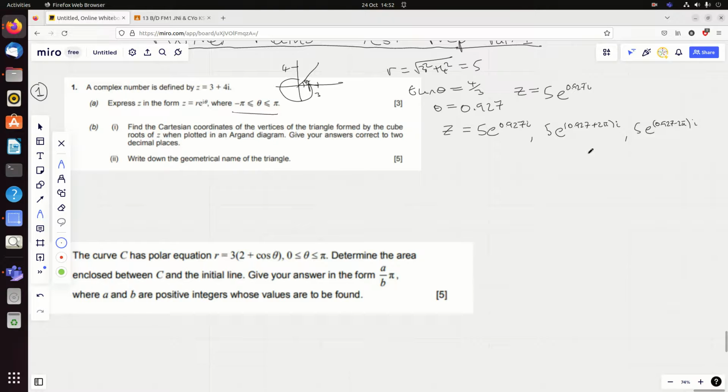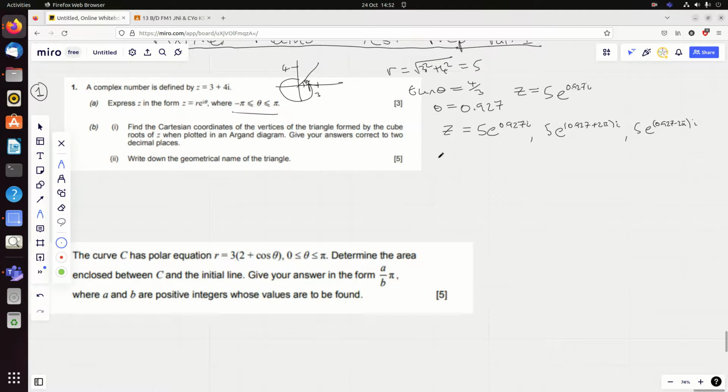And all I'm really doing there is saying both of these, if you were to turn it eventually into Cartesian format, or even express it in the r cos theta plus i sine theta form, you're going to see you get exactly the same values after you do sine and cos of these numbers. It's because sine and cos repeat every 2 pi.